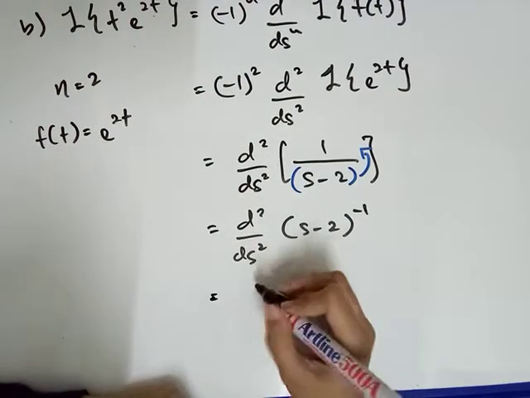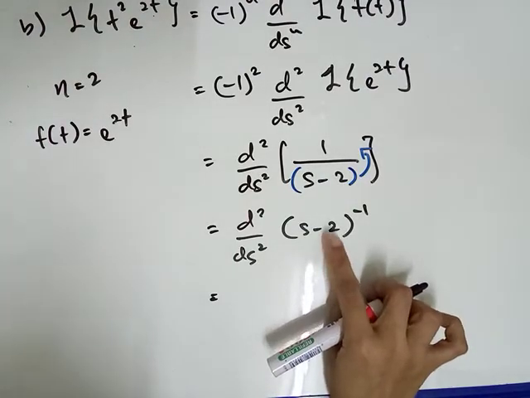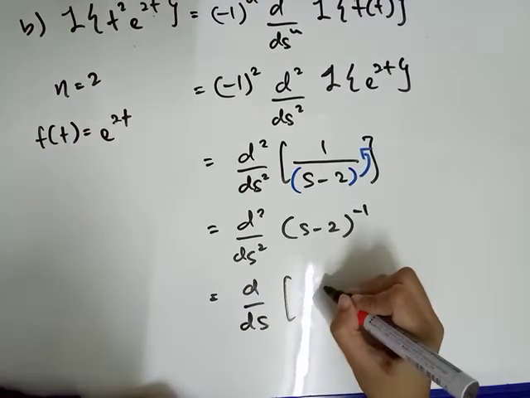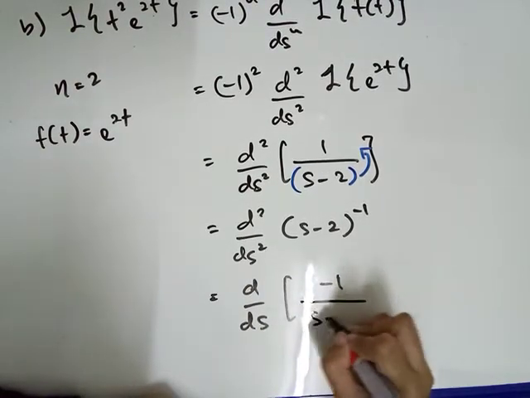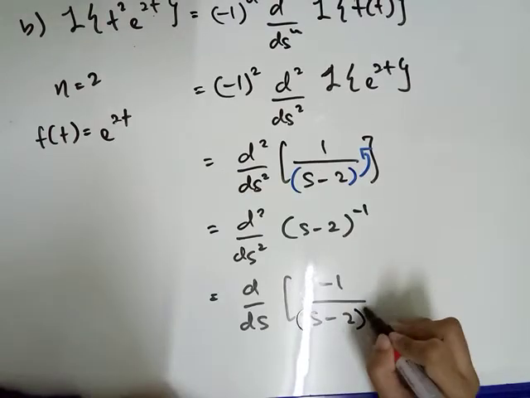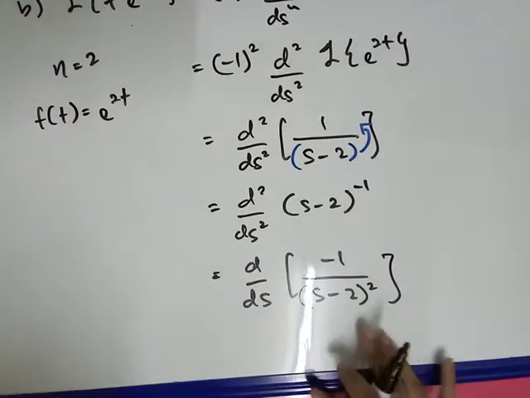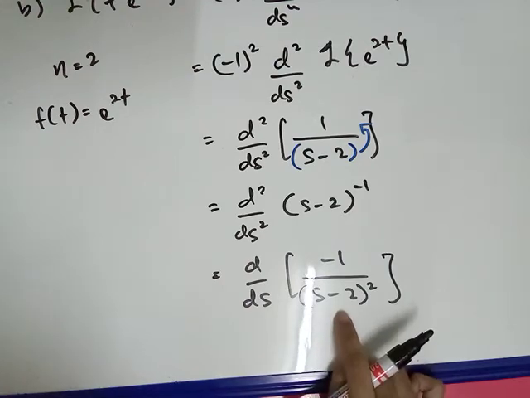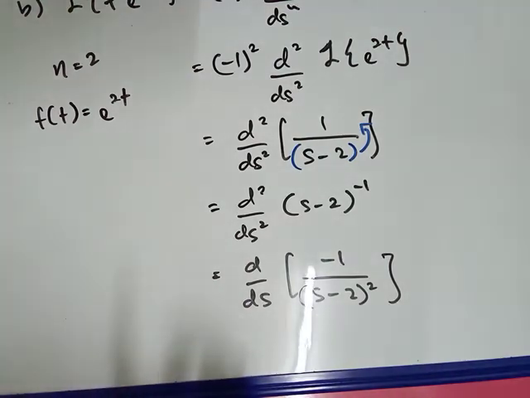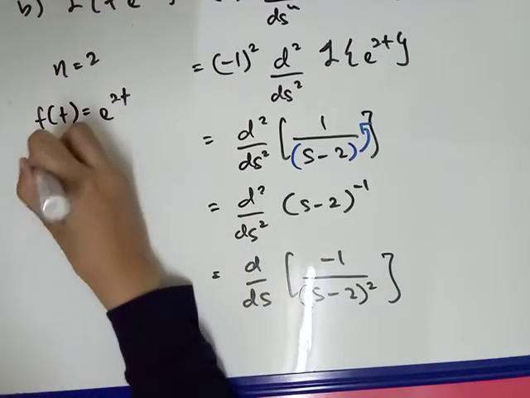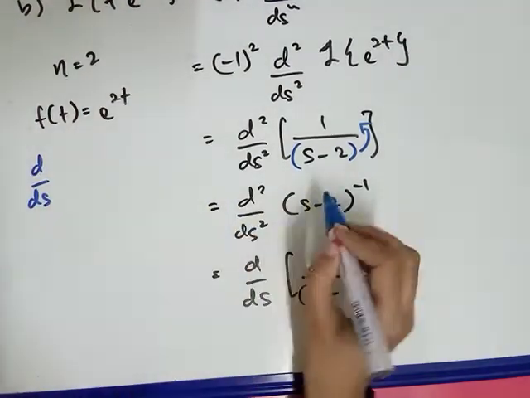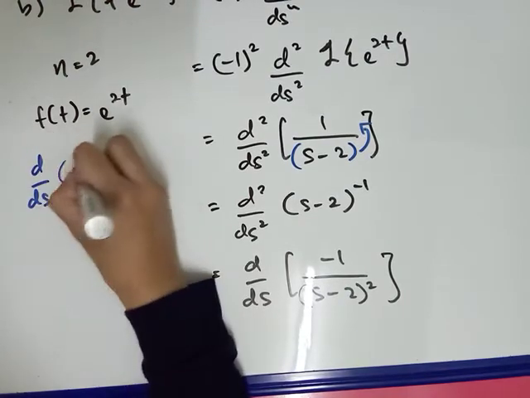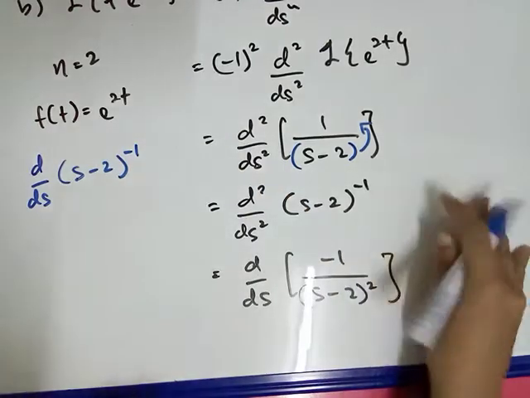Okay, this one is based on question A. You will get d ds of -1 over s minus 2 power 2, right? How can I get this? Based on question A, d ds of s minus 2 power -1, this one.